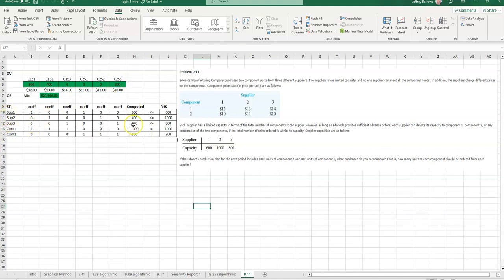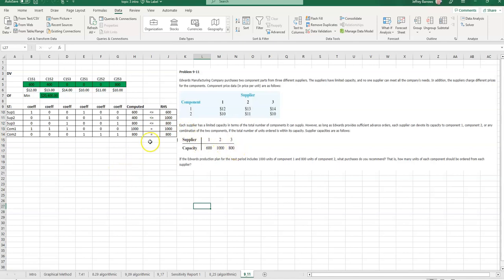And then if we just look down at the constraints to make sure everything's good here, I used all the capacity from supplier 1. I didn't use all the capacity from supplier 2, I used 400 components, and it looks like I used all the capacity from supplier 3.